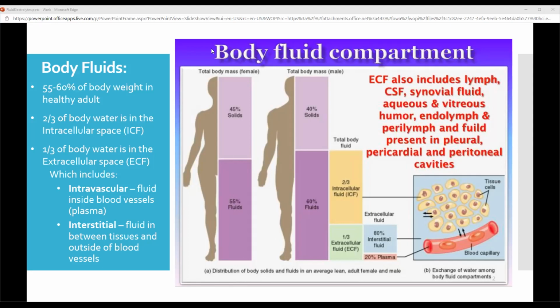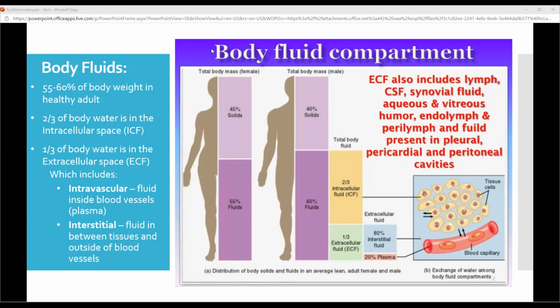Oh, okay. So every tissue in your body, every part of your body, the primary unit making up those tissues are cells. So therefore, the majority of the fluid inside your body is inside the cells.